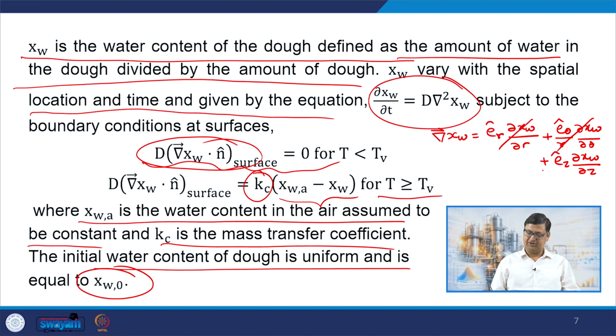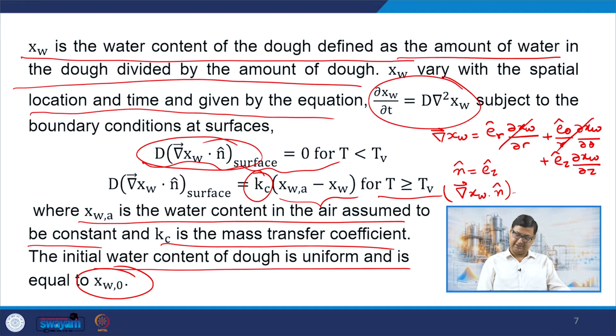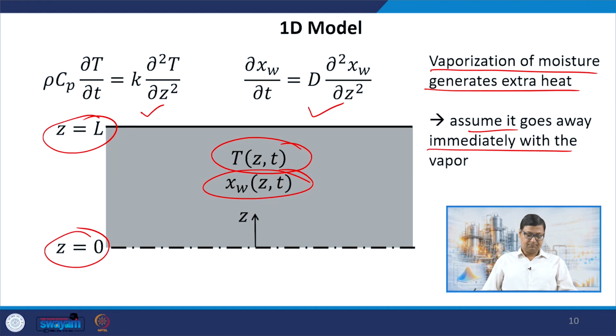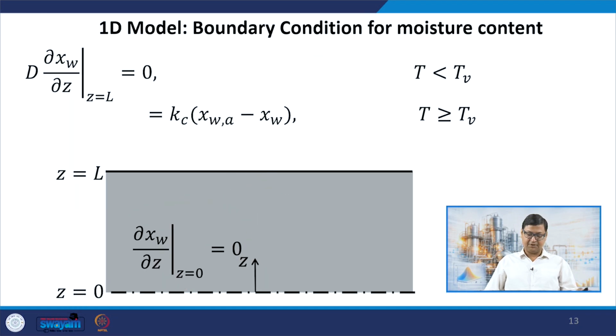We can drop the first two terms for the reasons we have stated, and the n cap vector at the top surface is simply e_z, and therefore I can write del xw dot n at the surface as something like dxw/dz at z equal to L, which is exactly what I have written here, right?